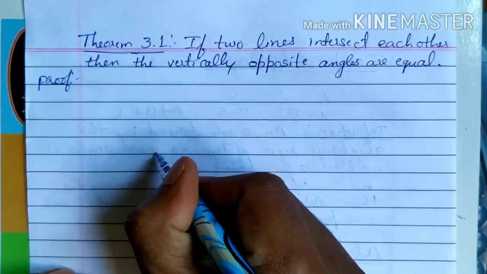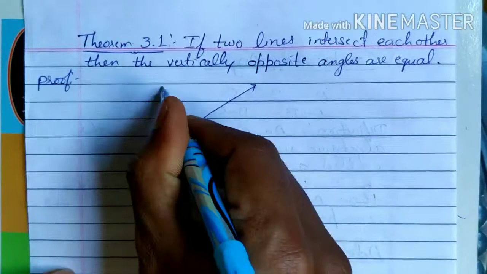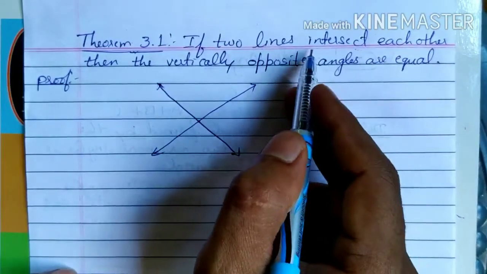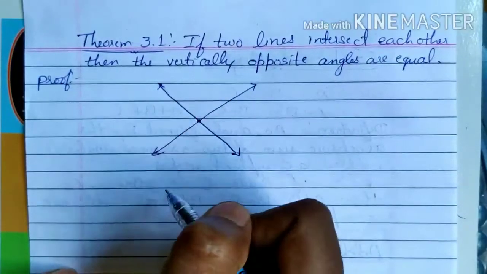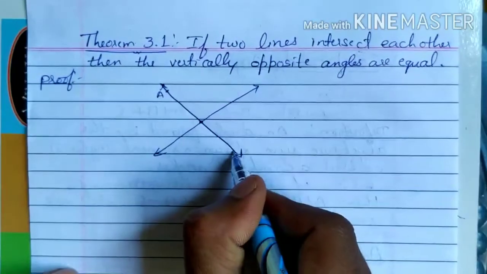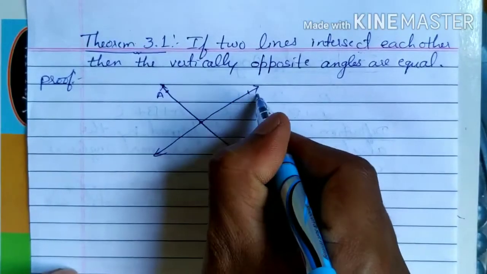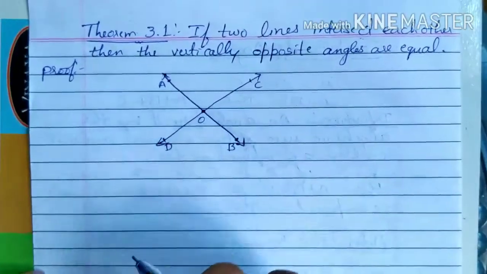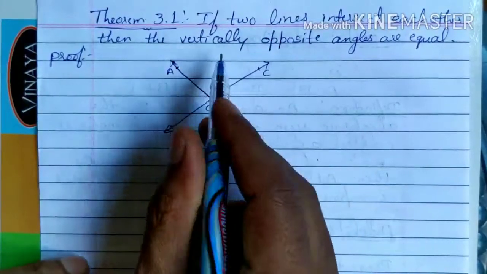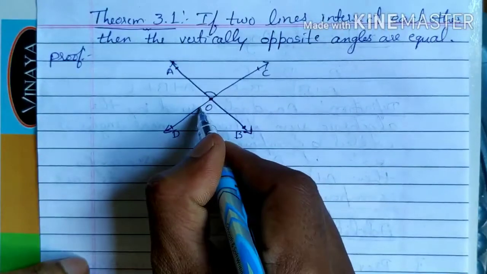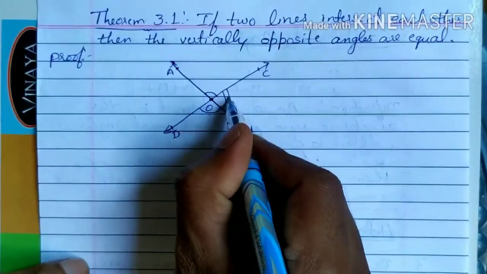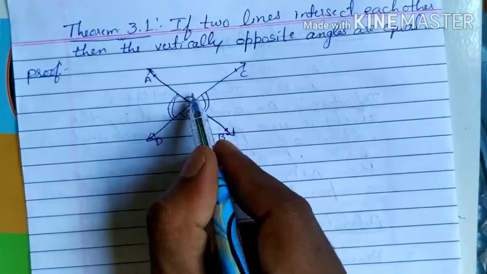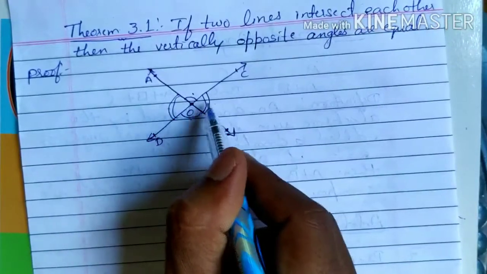If I consider two straight lines intersecting at a point, let me consider the points as A, B, C, D, and let the intersection point be O. Now when two lines intersect, these two angles are called vertically opposite angles, and these two angles are also called vertically opposite angles. We have to prove that these two angles are equal and also these two angles are equal.